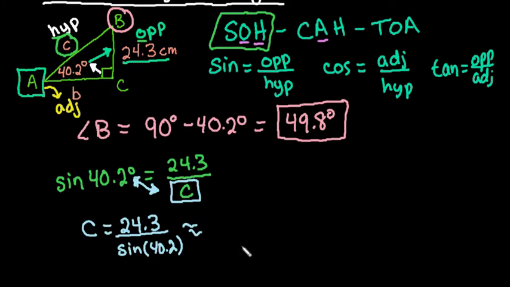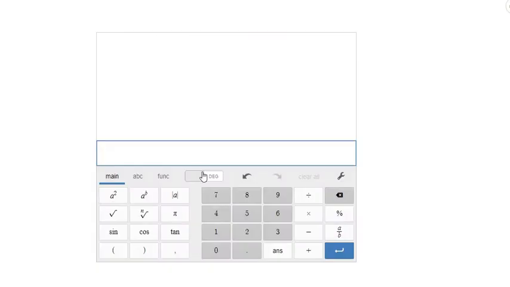Now all you have to do is grab your calculator and plug it in. I'm just going to use a free online scientific calculator called Desmos, but you can use any scientific or graphing calculator. The one thing you want to make sure of is that you are in degree mode and not radian mode, so make sure you know how to set your calculator in degree mode.